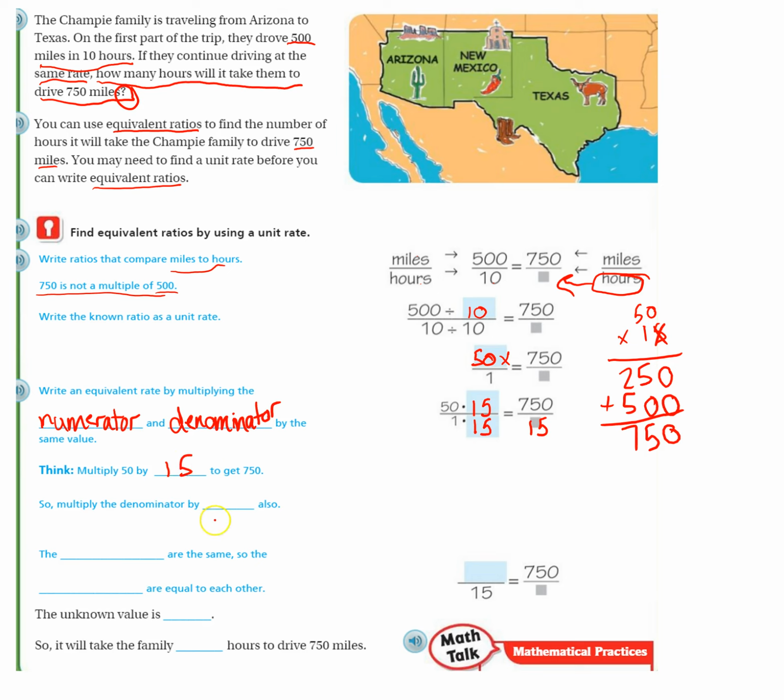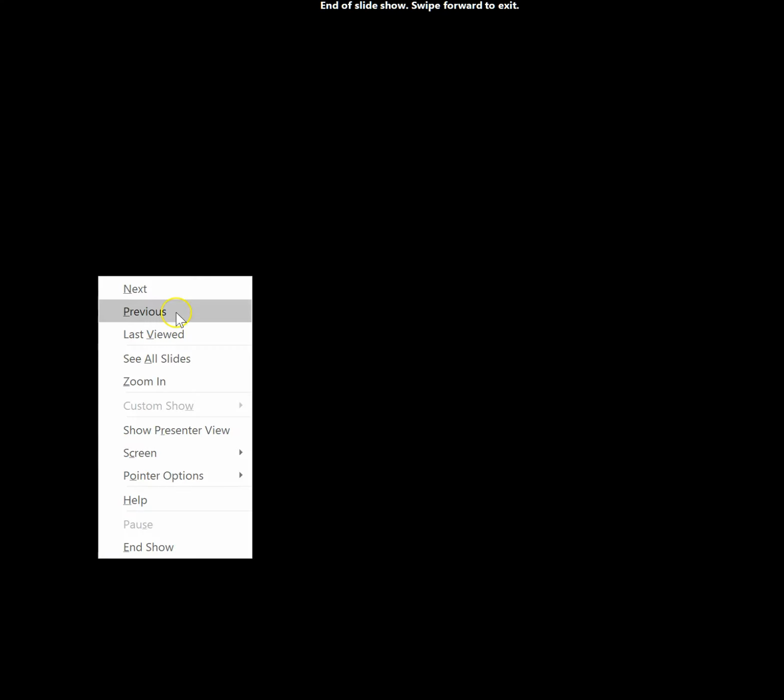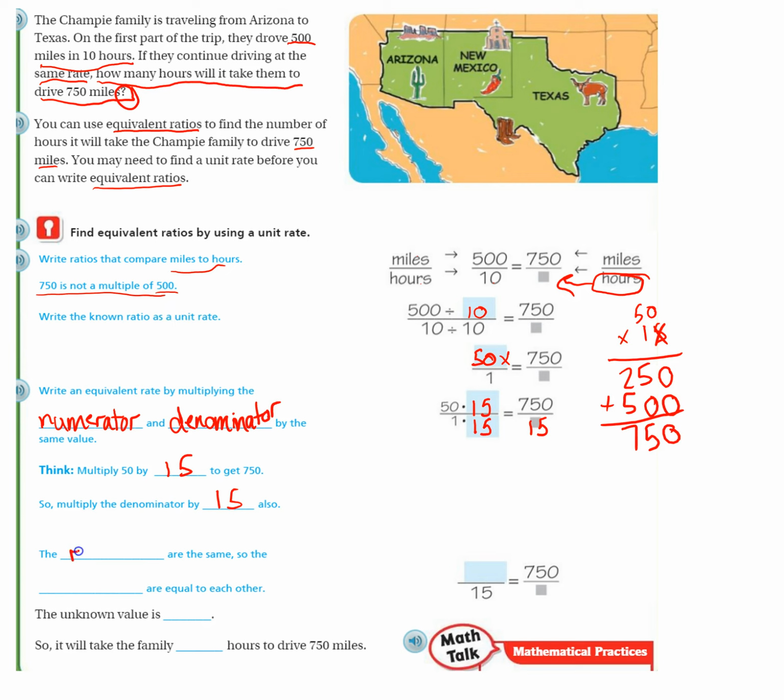So multiply the denominator by 15 as well. The numerators are the same, so the ratios are equal to each other.